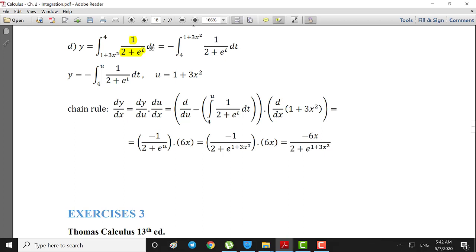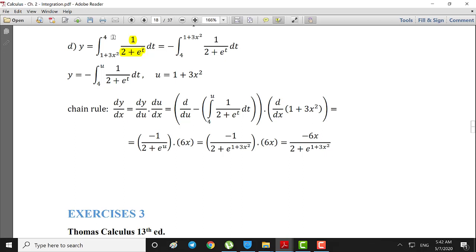Now, we know we're supposed to use the fundamental theorem of calculus part 1. And in that theorem, the lower limit of the integration has to be equal to a constant, and the upper limit of the integration can vary.